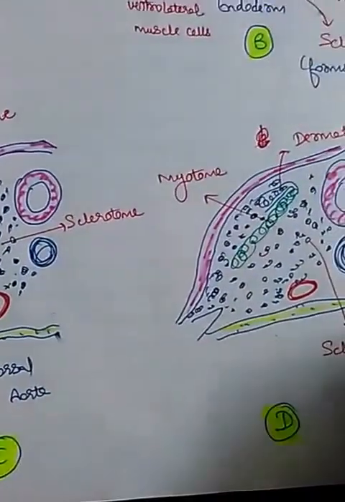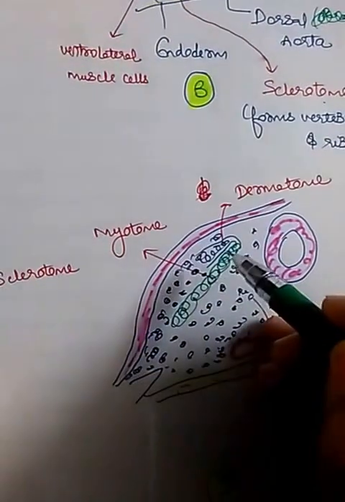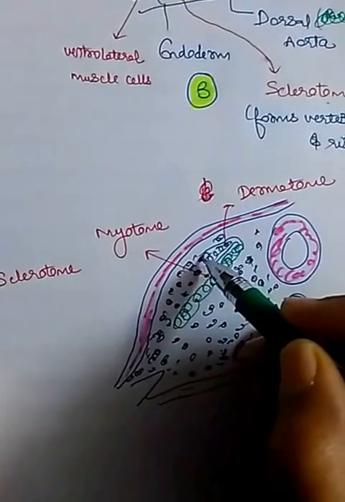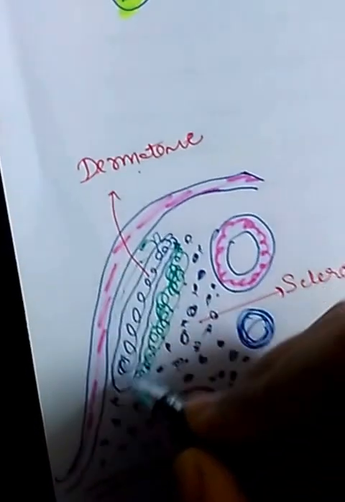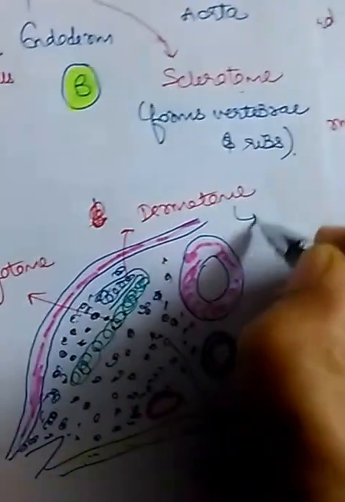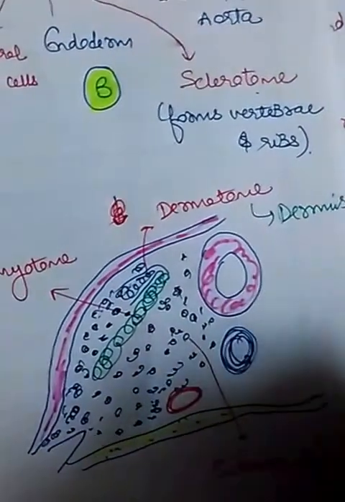Finally, some cells from the dermatome become mesenchymal. This dermatome also starts becoming mesenchymal, like this, and later forms the dermis of the skin of the back.